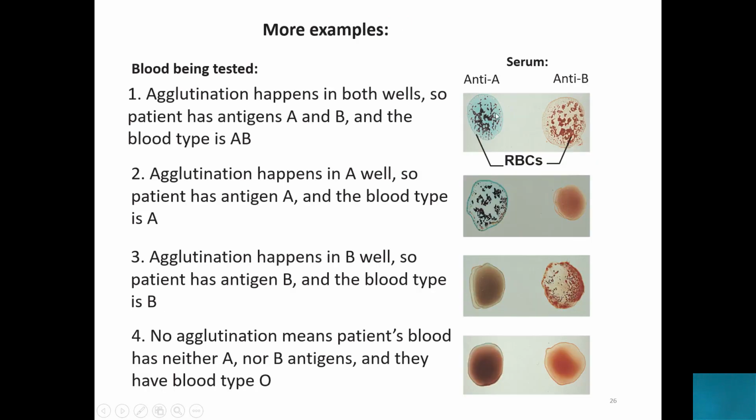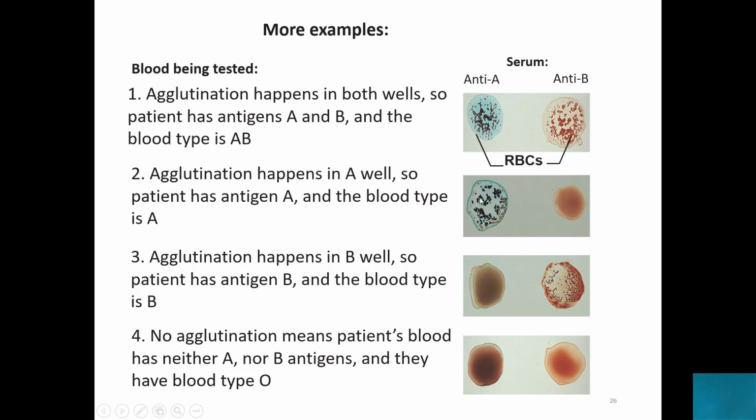Here are a few more examples. If there is agglutination in both wells for A and B, it means the patient has both A and B antigens on their red blood cells and their blood type is AB.